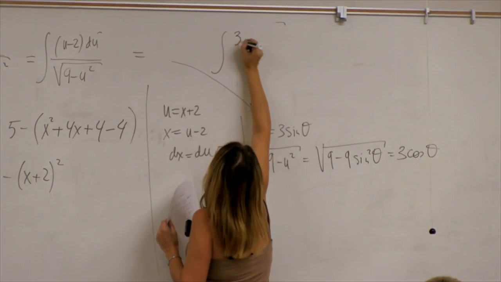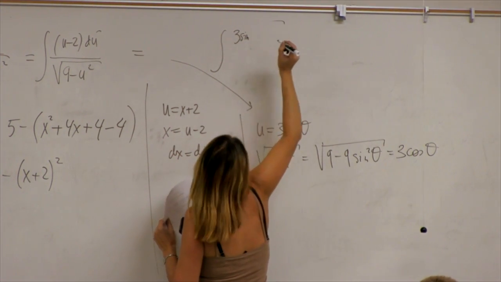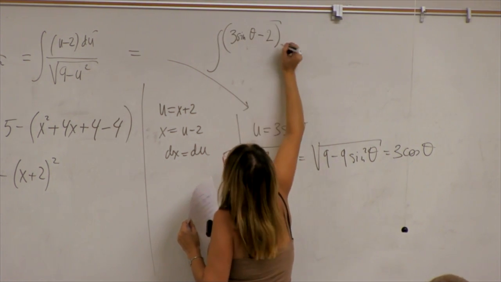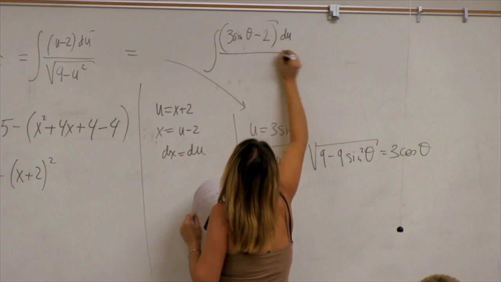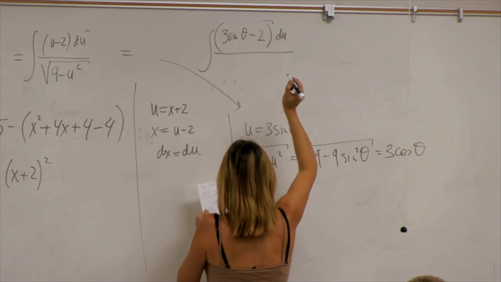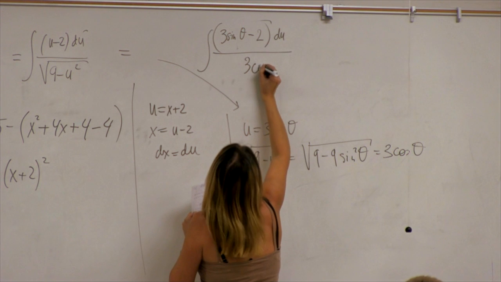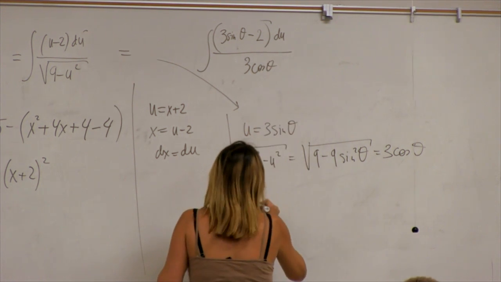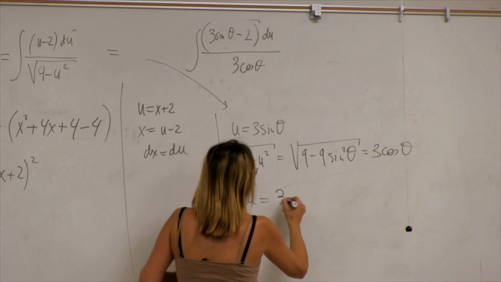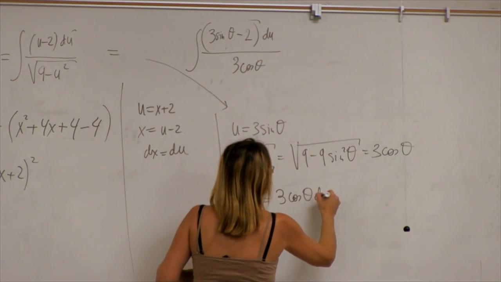I have 3 sine theta minus 2 du, and here I have 3 cos theta. Oh, and I forgot the differential. We should never forget the differential. So I have 3 cos theta d theta.